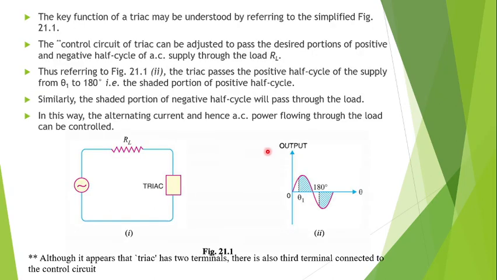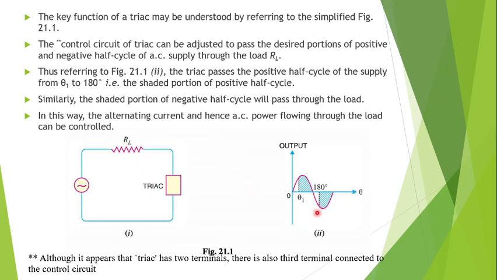Now this figure explains the functioning of a triac. This control circuit made by this triac can be adjusted to pass the desired portion of positive and negative half cycles of AC through the load RL.